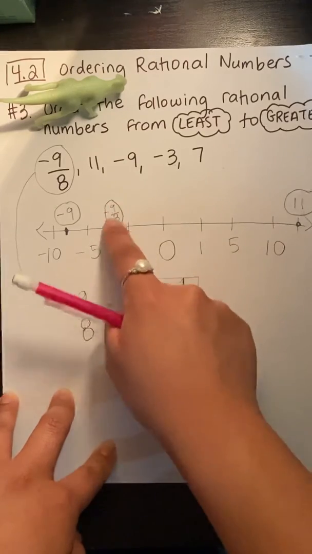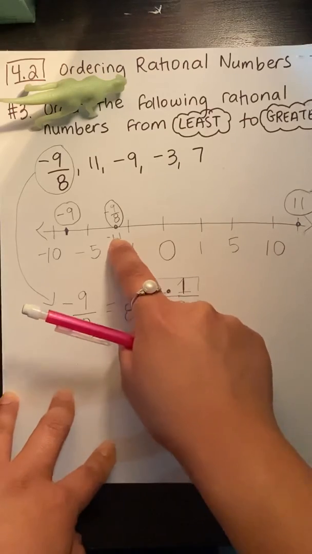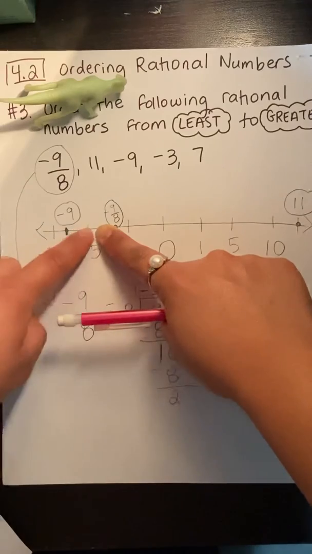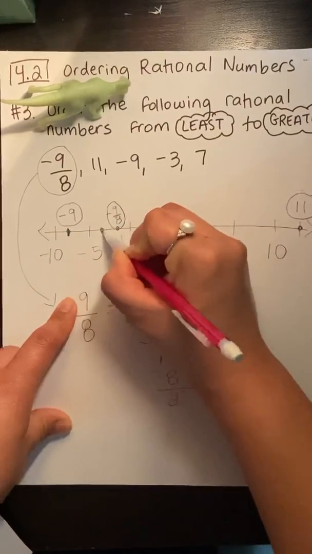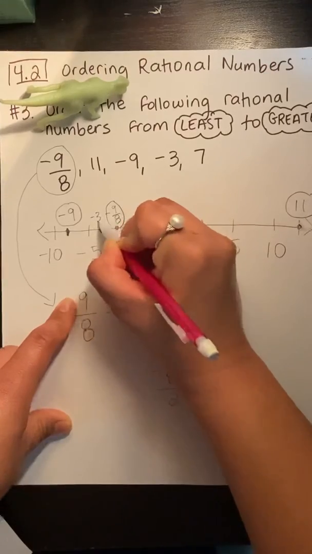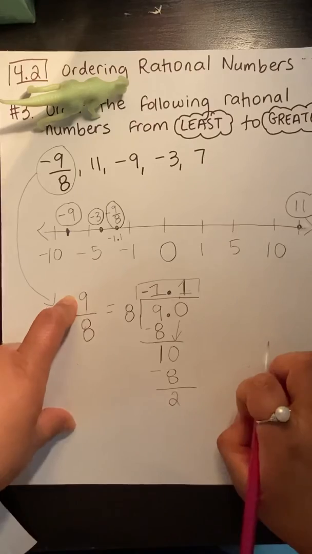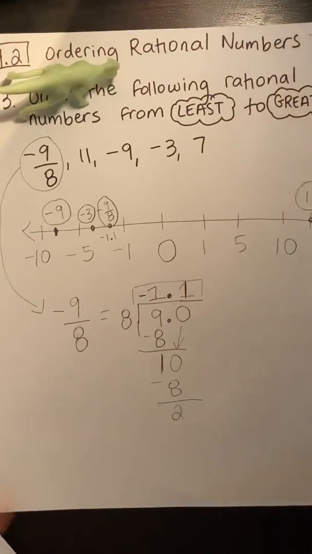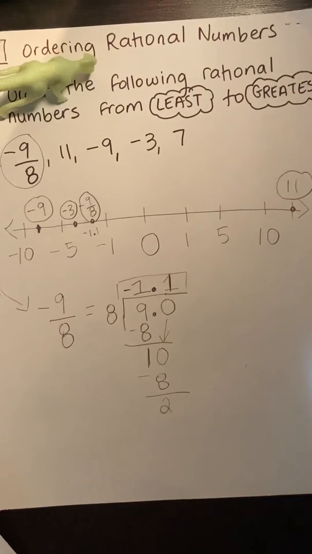It's going to pass the negative 9/8 or negative 1.1 and stop right there because it is not going to be past negative 5. So I'm going to go ahead and plot negative 3 here and put a circle around it. Okay, so let me zoom in here so that you can see what we have so far.